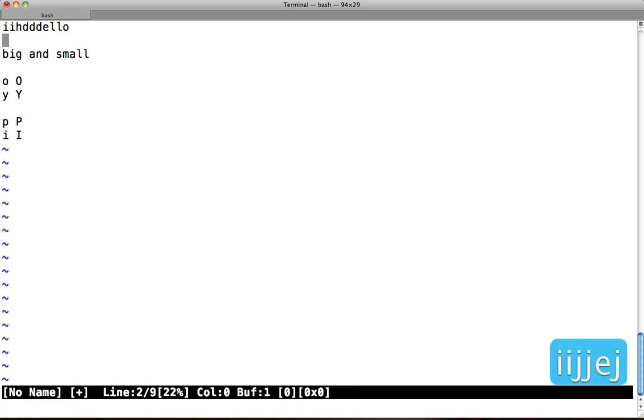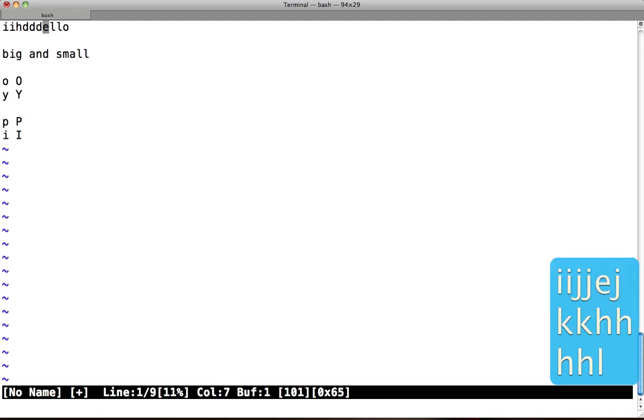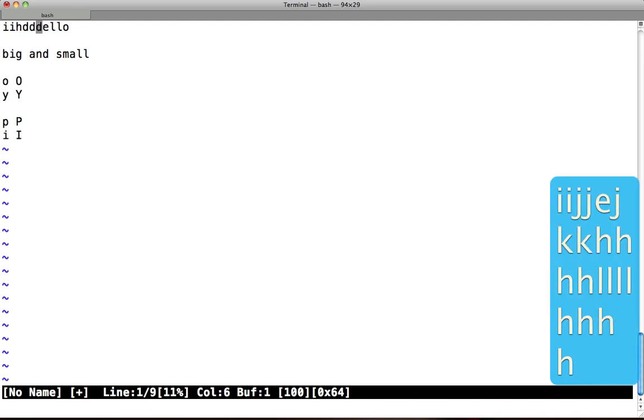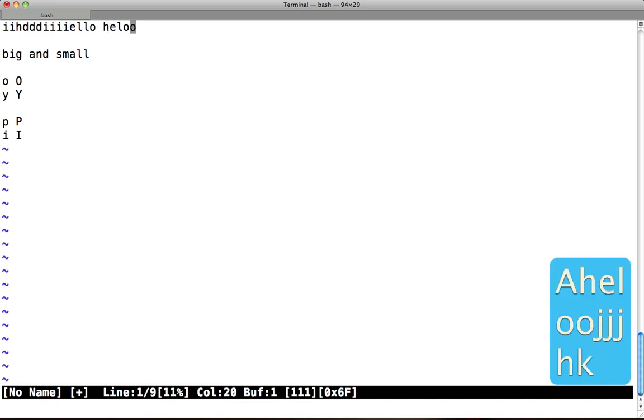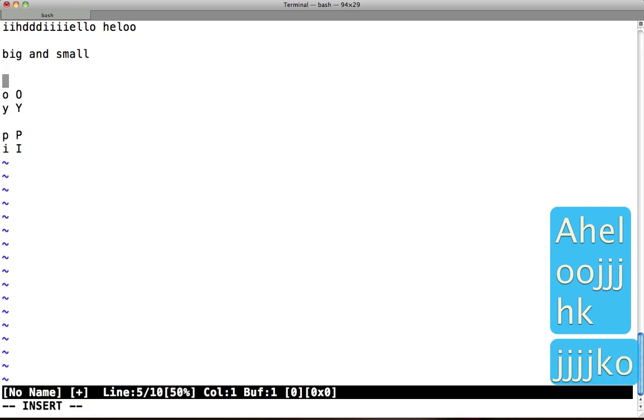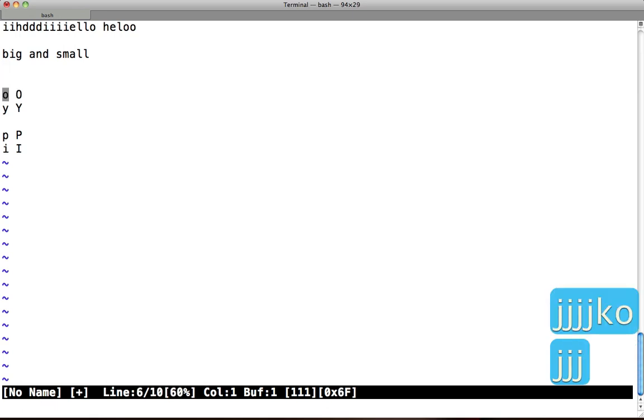This is really useful. Another useful one is small a, which inserts right after the cursor position. But if you want to start writing at the end of the line, you just type big A. Small a and big A.